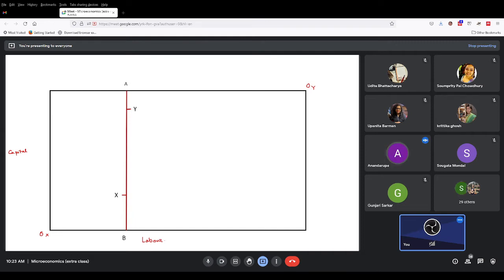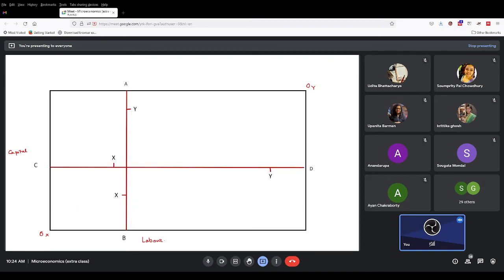So this point indicates the allocation of labor and capital for producing X. This is the allocation of labor and capital for producing Y. Now, is this allocation efficient? No, sir. Sir, capital is not completely used. Yeah. So we have unemployed capital to the extent of this length. We are using only this amount of capital in Y, only this amount of capital in X. So this is the unutilized capital.